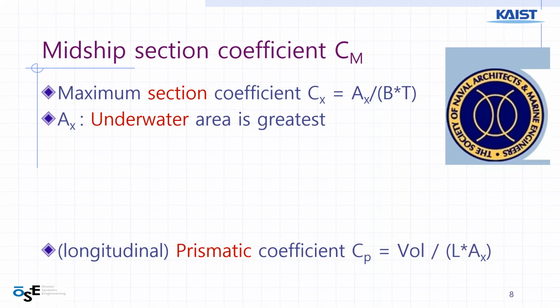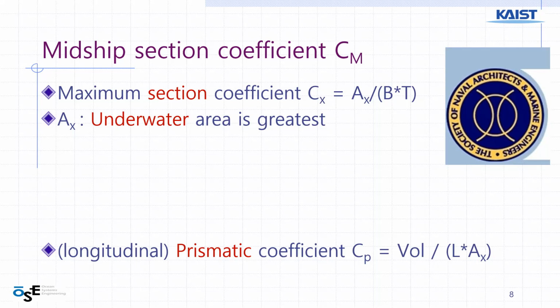Right. And so in that case, what is the prismatic coefficient? Oh, prismatic coefficient is a different one. The midsection coefficient is based on area, but prismatic coefficient is based on volume, not area. The maximum section could be either the midsection or any other section.